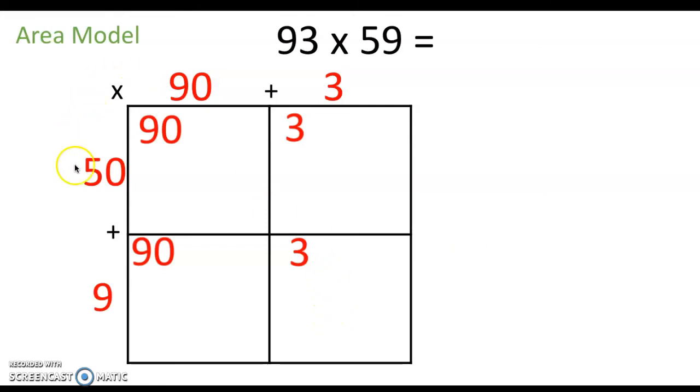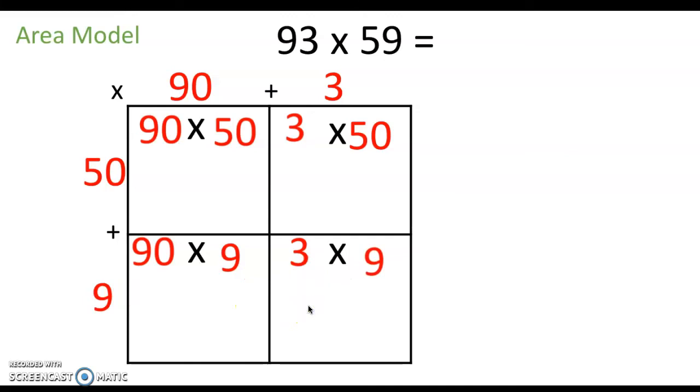Then I'll hop on over to my side number. 50 will go over and over. Last one, our 7. Our 7 will go over and over one more time. And we know we are going to multiply these together.